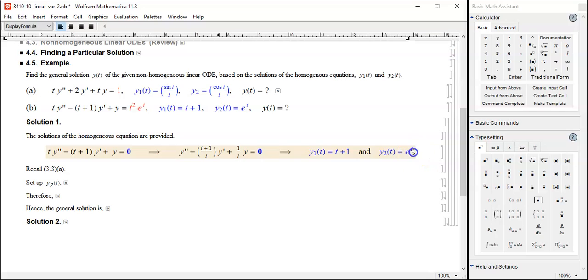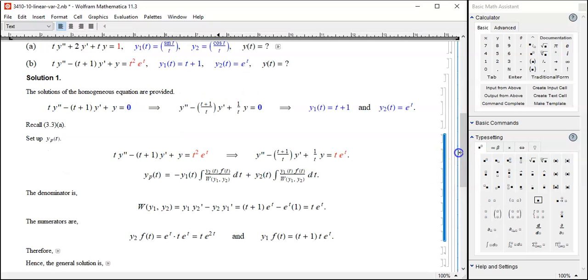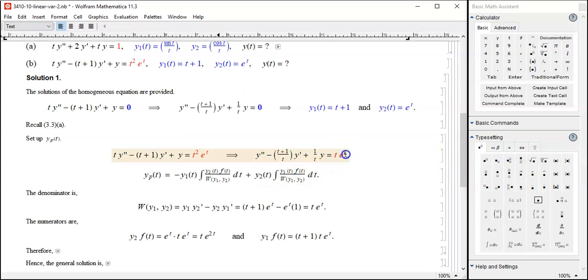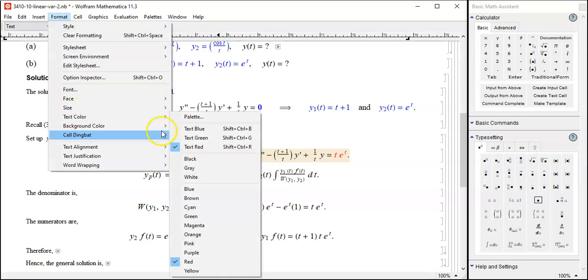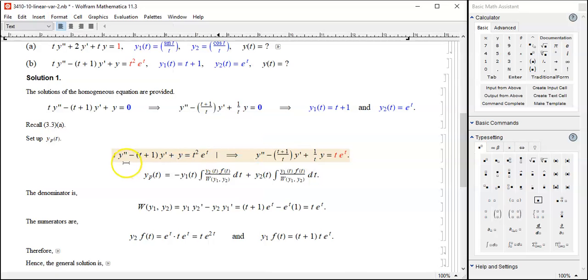Okay, we have two solutions, y1 and y2, and let's set up yp, and let's make it standard first. Divide by t, so we have f of t as e to the t power. This one is not red, as a matter of fact. It can be misleading here. Divide by t, and this one, this is my f of t.